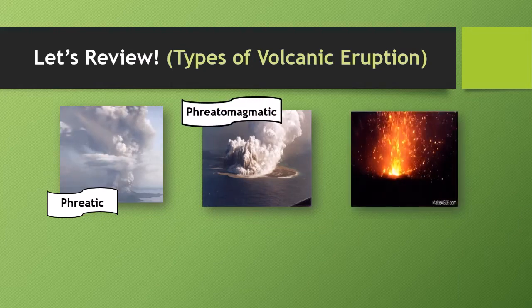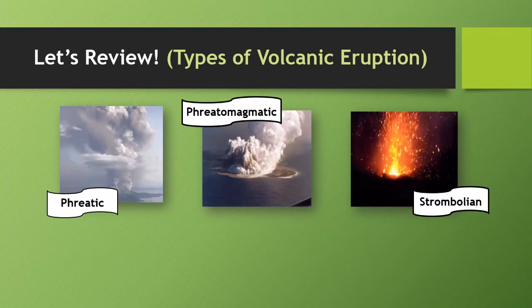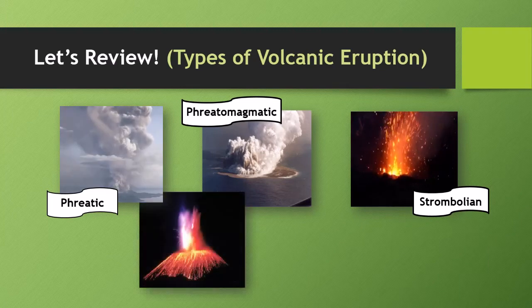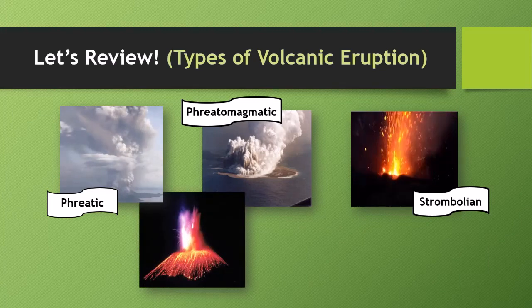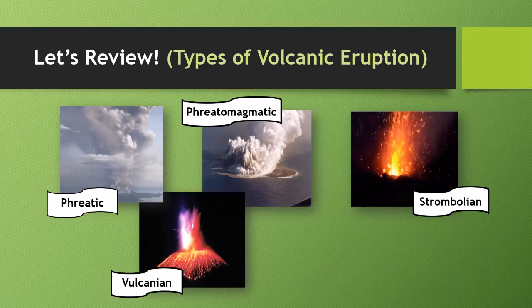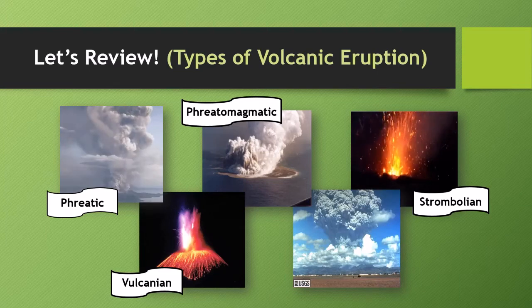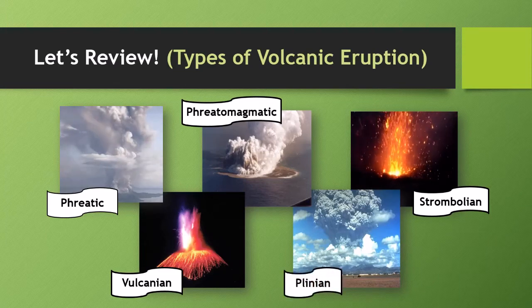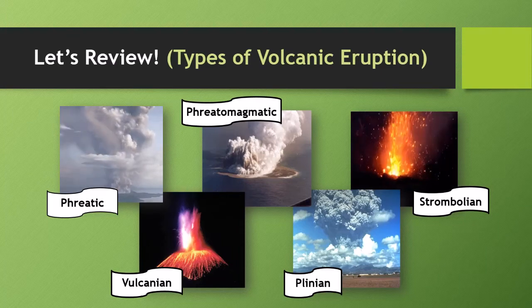This one. Precisely. This is a strombolian. And then how about this one? Good. It is volcanian. And the last type we have here, plinian. Very well said. I guess you are already familiar with our previous lesson.